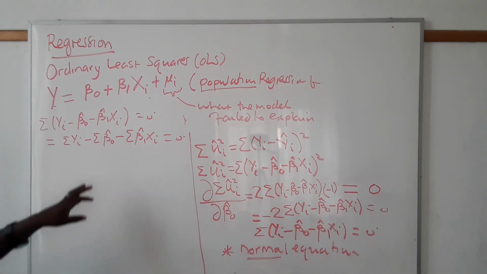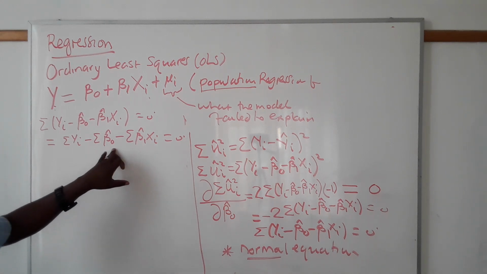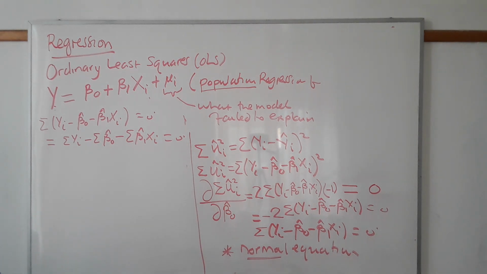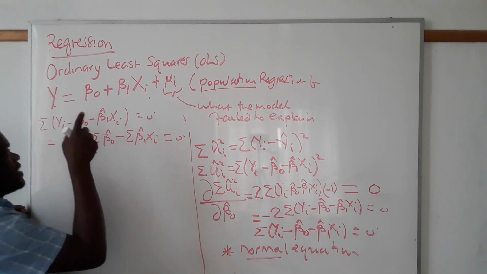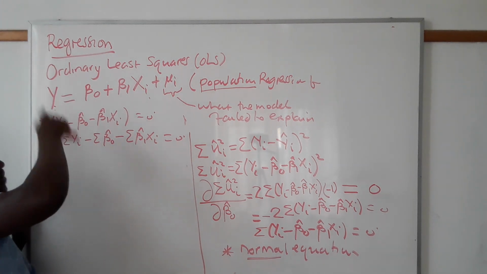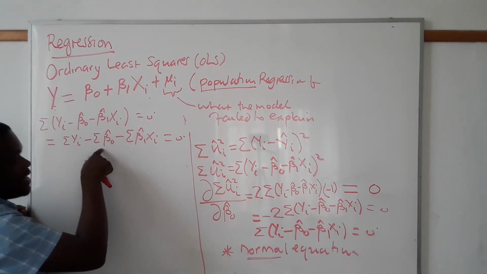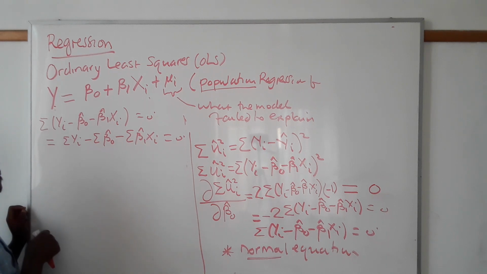Now, because beta naught is constant, when you sum it n times, we are summing up to n, it becomes n beta 0, okay?